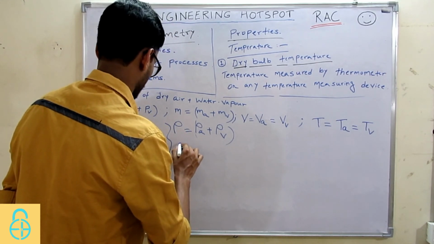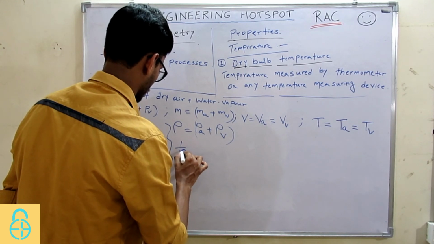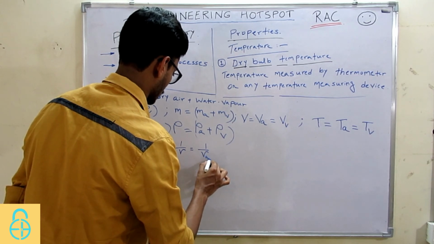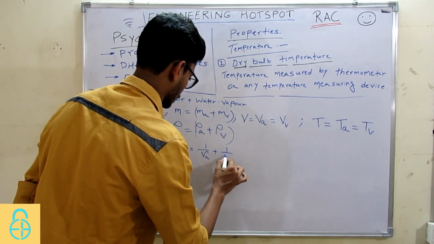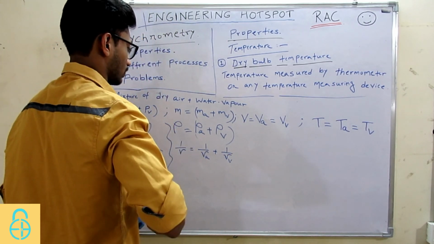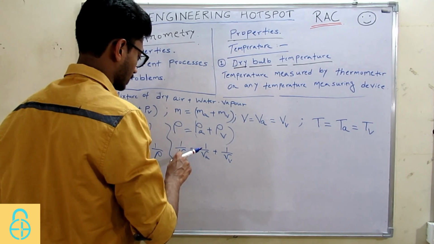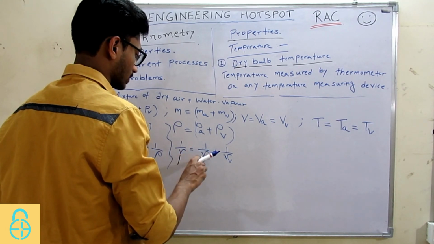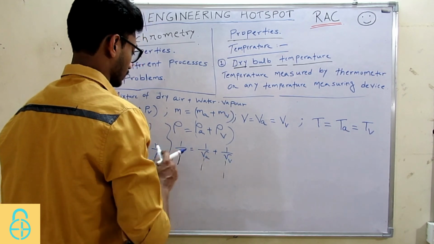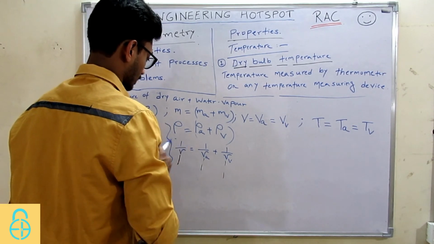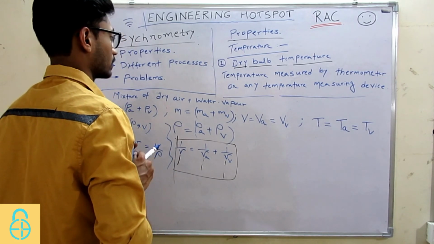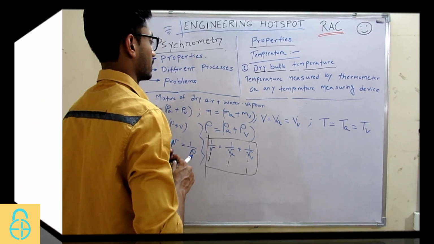This you can write as 1 by rho. This will be 1 upon rho of air plus 1 upon rho of vapor. So this is basically specific volume, okay? The specific volume of mixture, this is the specific volume of dry air, this is the specific volume of water vapor. So these are the things you can write for the mixture of dry air and water vapor.